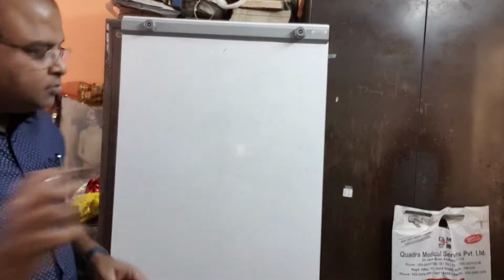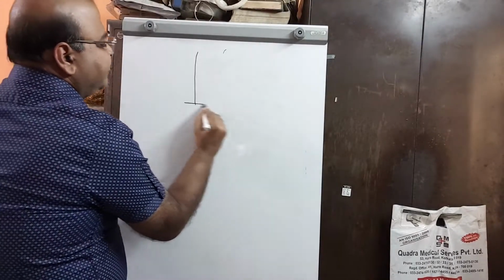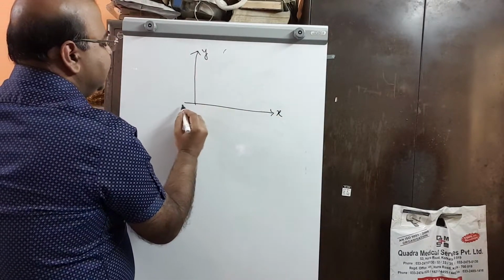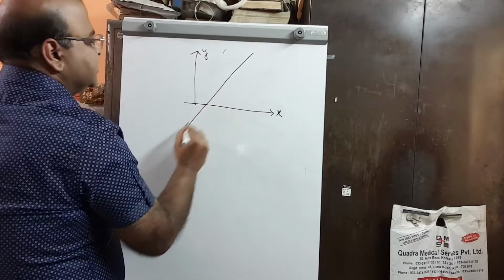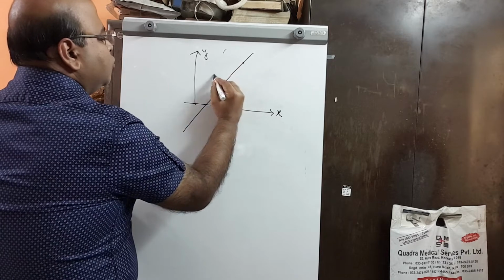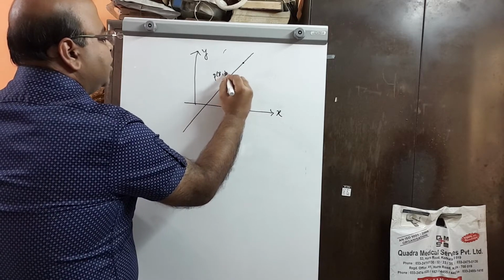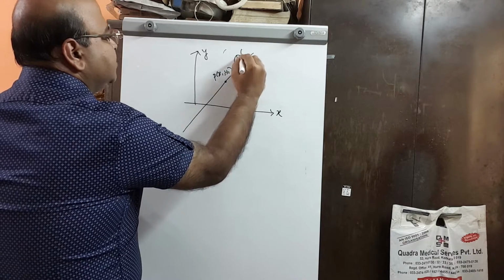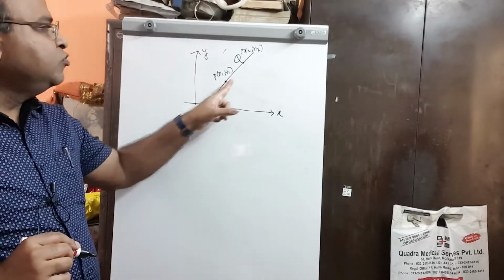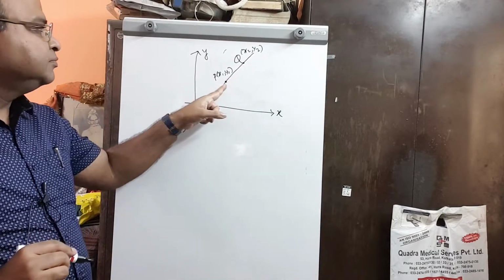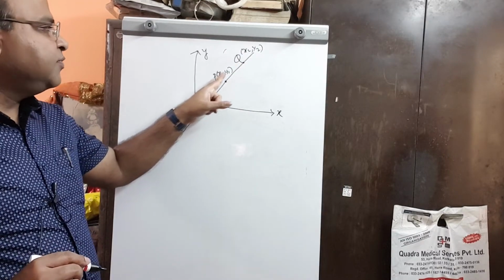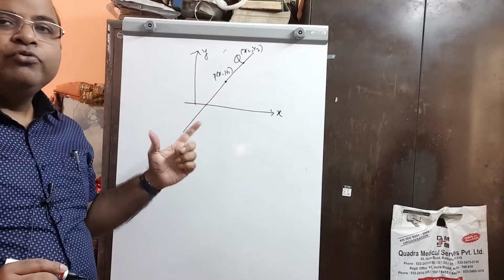So let us consider our reference frame as x and y axis, and say here we have a line like this, and 2 points on the line are known as P (x1, y1) and another point Q, say (x2, y2). So we have the coordinates of 2 points P and Q on a line. So we have to find the slope of the line in terms of these coordinates x1, y1, x2, y2. So how to do so?